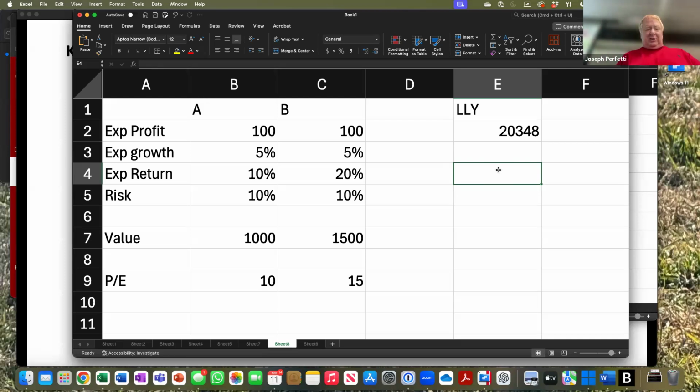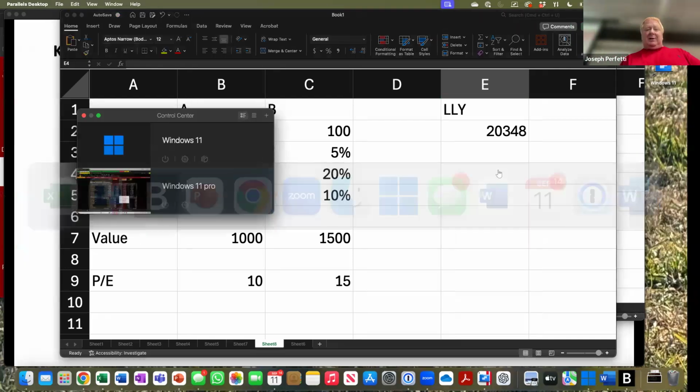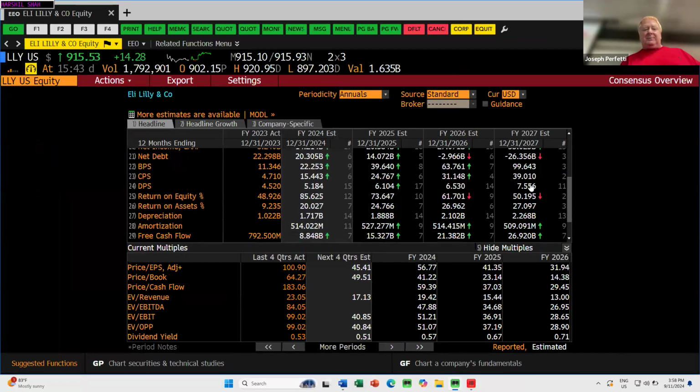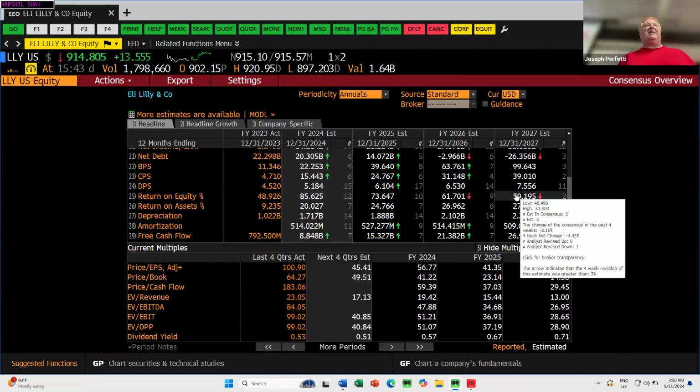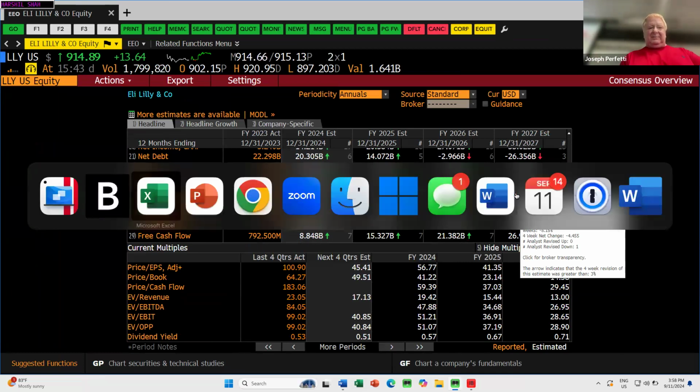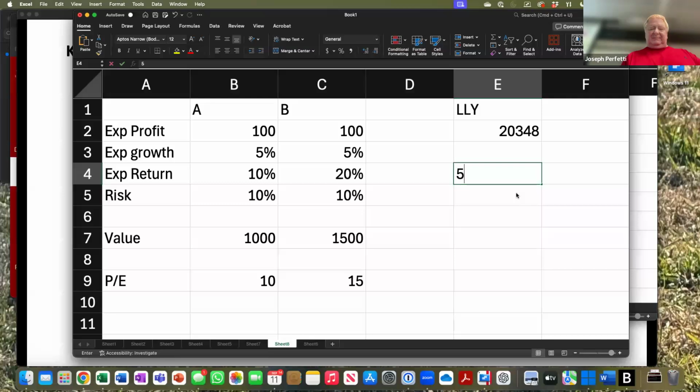So what is their long-term return on equity? Well, for the next 4 years, 86%, 74%, 62%, 50%. Let's just say somewhere around 50% is their long-term return on equity on these very profitable drugs that they're selling. I'll say 50.